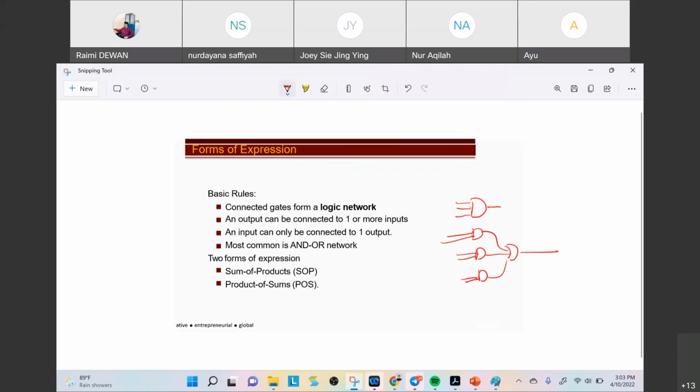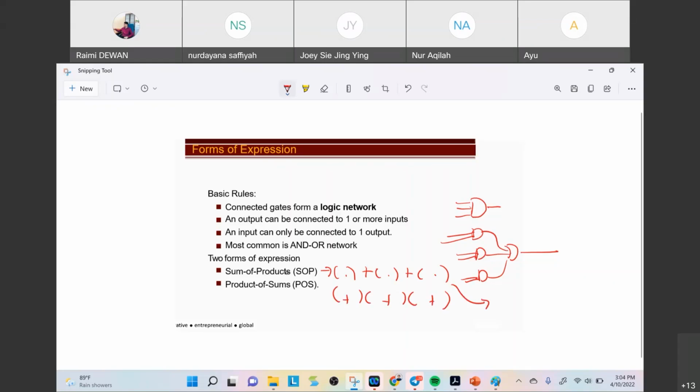Two forms of expression we have: sum of products or product of sums. Sum of products is what I told you just now. Sum of products means a sum of products, can be A dot B dot C, A dot B dot C, something like that. And you have product of sums. So what is sum of products?